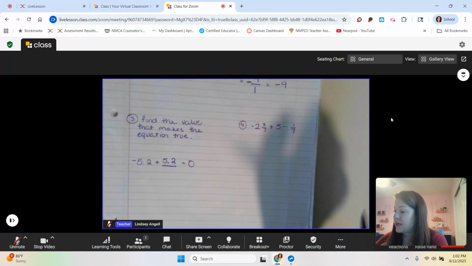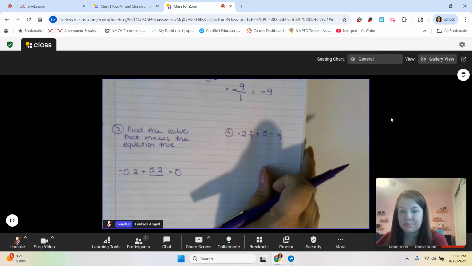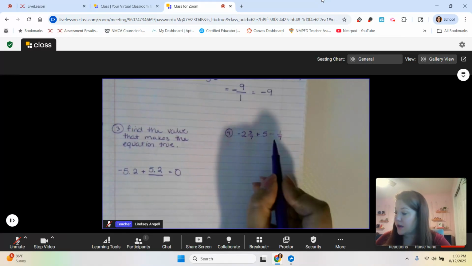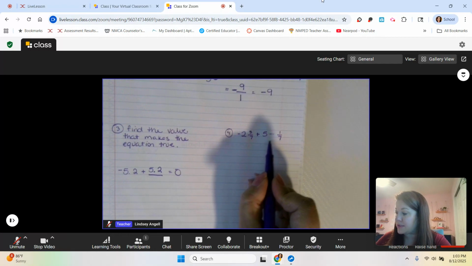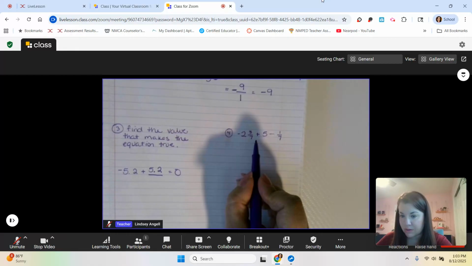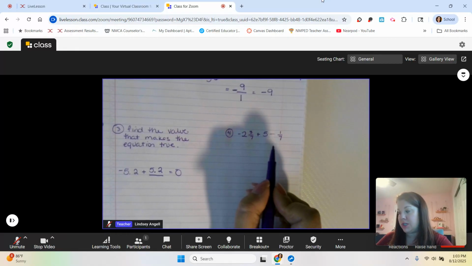Number 4, negative 2 and 3/7 plus 5 minus 1/7. Whew, that's a lot there, right? So first off, we could rearrange these to make it a little easier if we wanted, okay? Like I could pull this one over here because of the commutative property of addition.